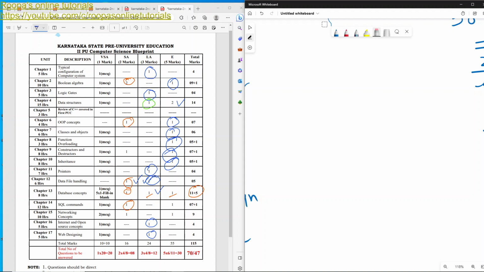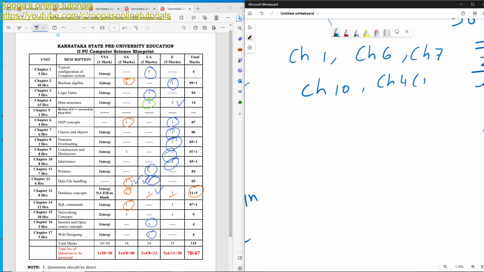If you observe here, chapter 1, Boolean algebra, then OOPS concepts, chapter 6, and then classes and objects, chapter 7, and then you have chapter 10, and chapter 4.